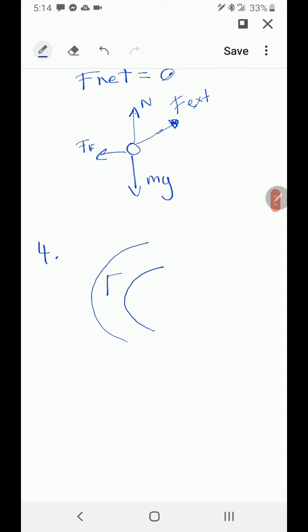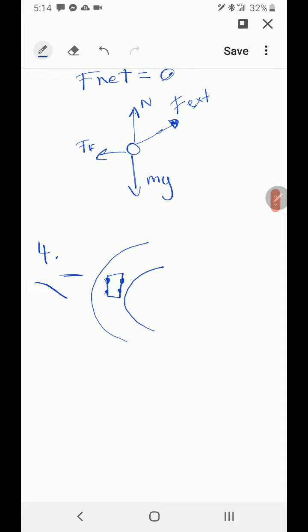This is roughly a drawing of a car, and it asks what is true for a car that is going on a circular curve. It's important to say that this curve, or the road, is not banked, it is just level.